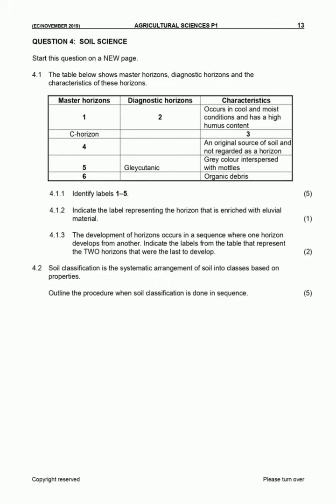All right. Now let's look at the last question. Question 4, soil science. So your question 3 as well, it was soil science, but it was different concepts.